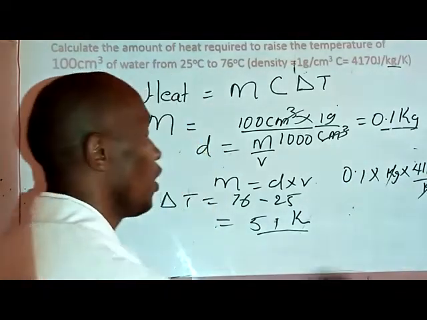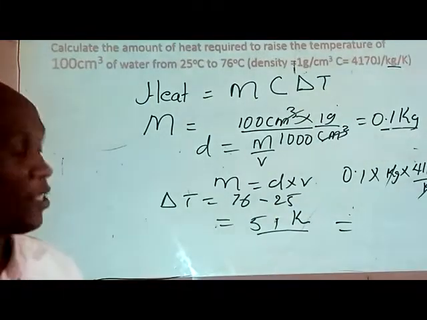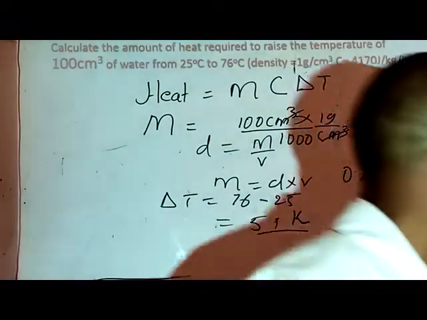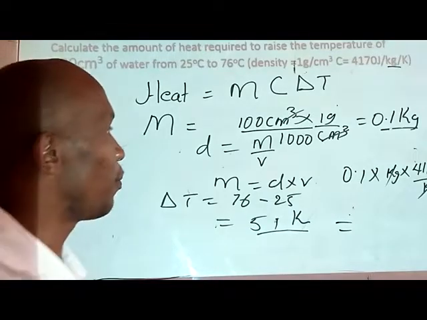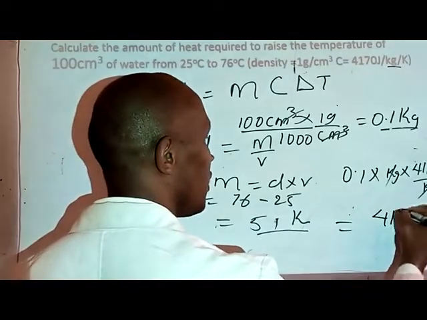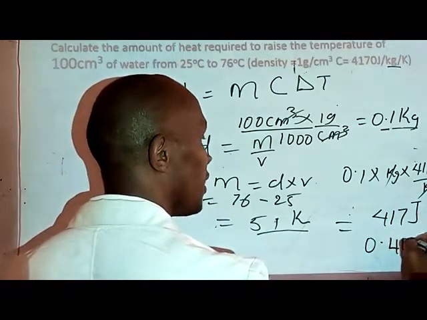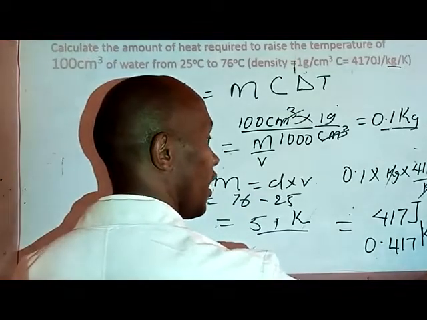Whatever I'll get will simply be in joules, and I can convert that to kilojoules. And what does that come to? It's simply multiplied by 0.1, which is 417 joules, or 0.417 kJ, small k, capital J.